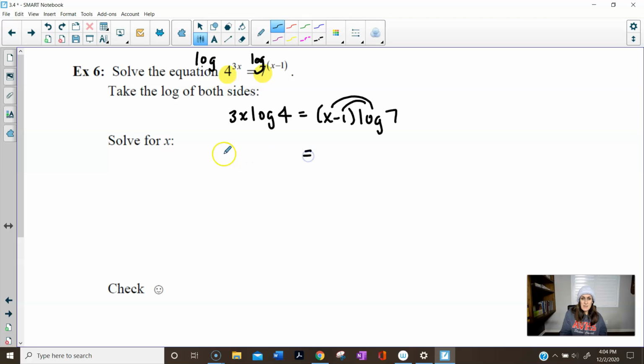This is just some algebra. So I have 3x log 4 is equal to a log 7 times x, which would be log 7x, and a log 7 times negative 1, which is negative log 7.